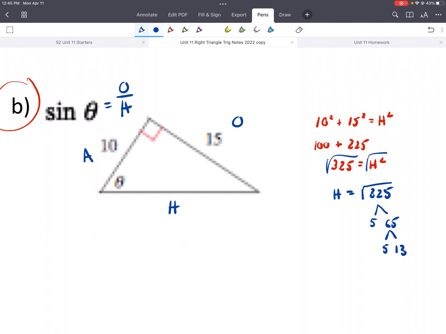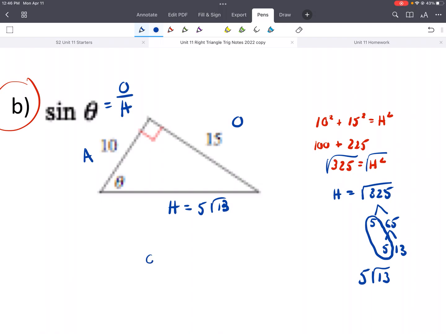And that gives you 13. 13's prime. So here we have a group of 5s. Again, that comes out, and what's not in the group stays inside. So that's what H should be, at least if you want to have it simplified. Okay, so now we can write down our ratio.